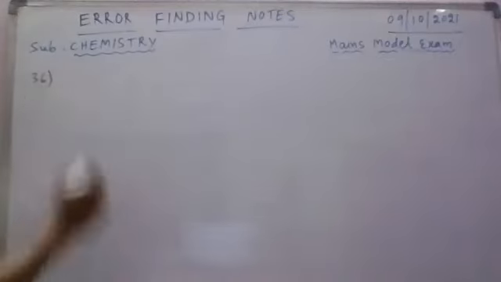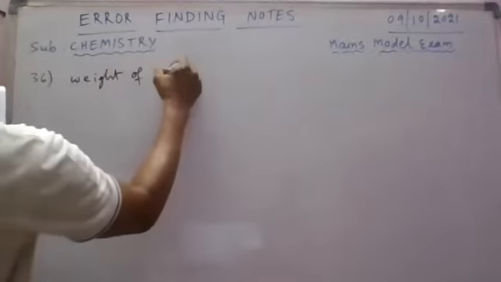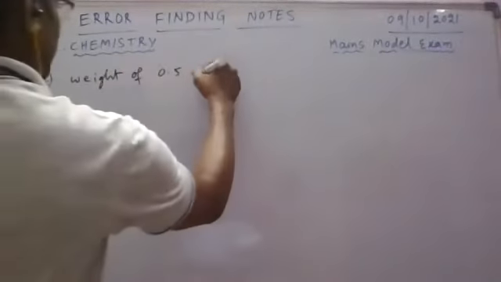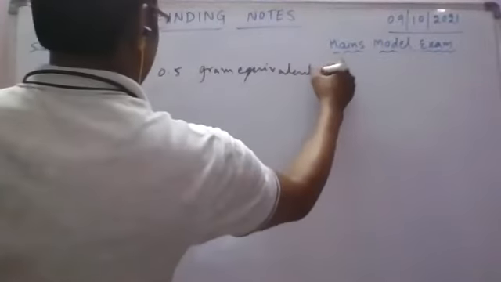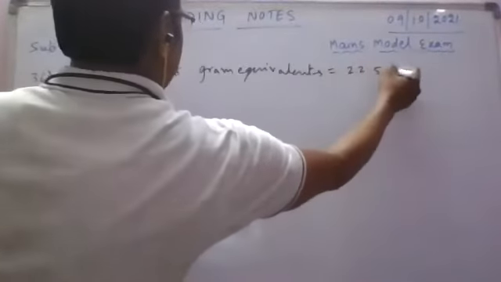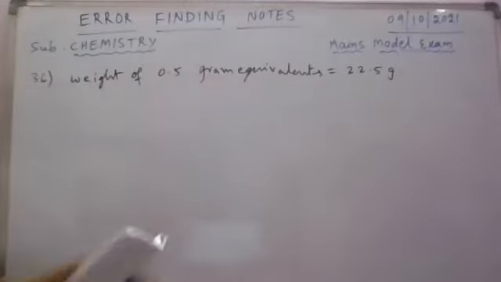Question number 36. Here the weight of 0.5 gram equivalents is equal to 22.5 grams. This is the weight of 0.5 gram equivalents.